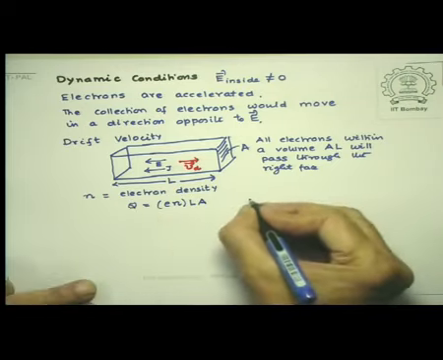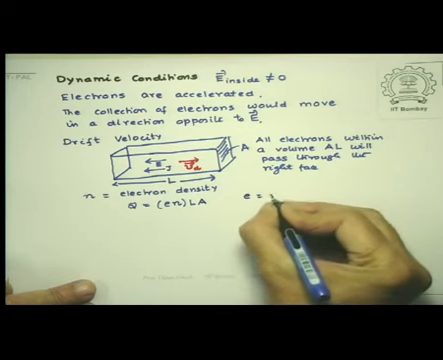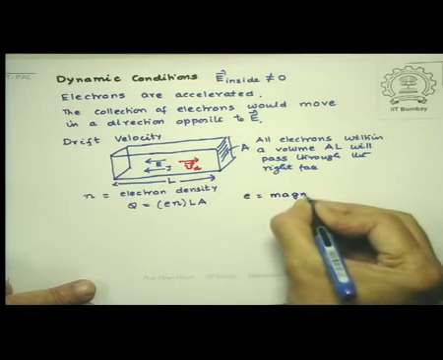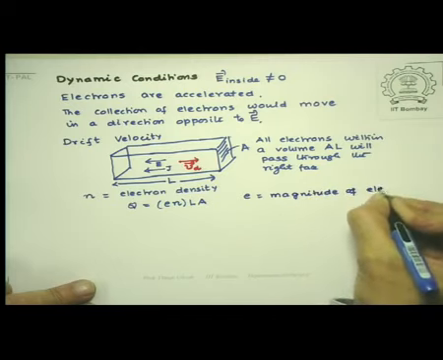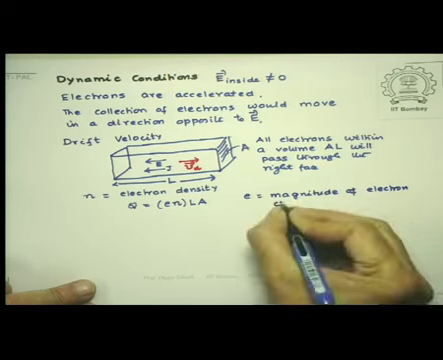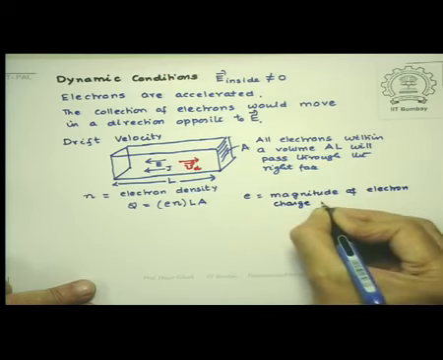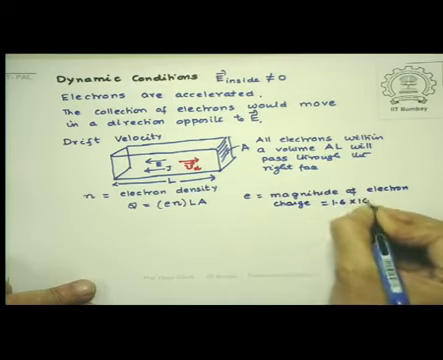So, e is the magnitude of electronic charge, which is of course equal to 1.6 into 10 to the minus 19 coulomb.